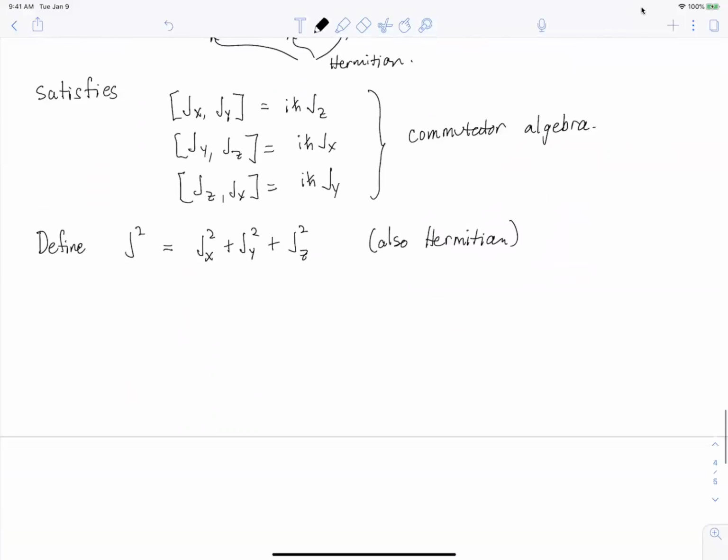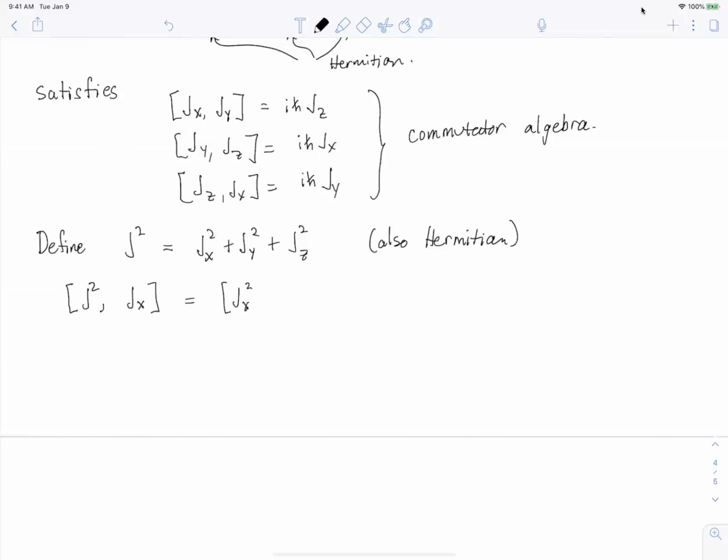Okay, and so now we can compute it as part of the commutator algebra. We can compute the commutator of J squared with, let's say, Jx. Okay, so now let's do that. We'll split it up into parts.